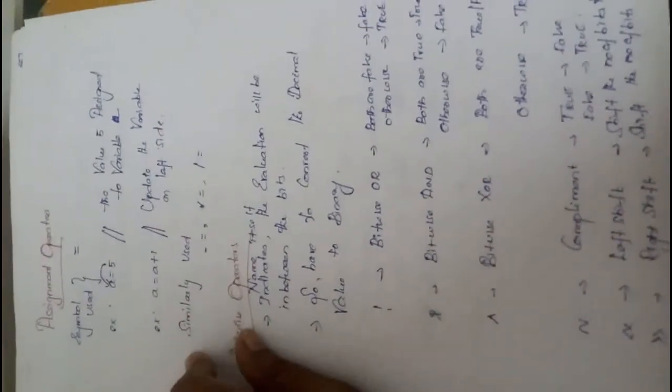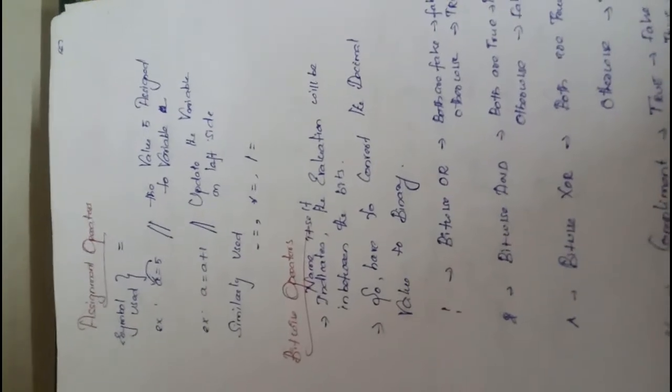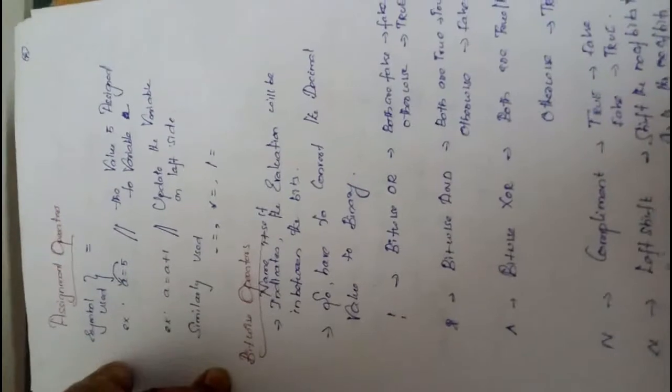So a equal to a plus 1 means we are just updating the variable on the left hand side. That is, a equal to 5, a equal to a plus 1 means a equal to 5 plus 1. We are updating the value of a particular variable. Similarly, we use plus equal to, star equal to, minus equal to, modulo equal to. All those operators can be used as assignment operators like this.